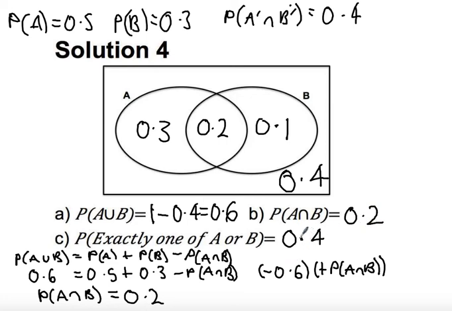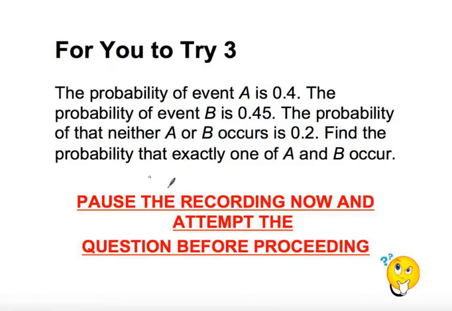Okay, I hope that all made sense, because it's now time for you to have a go on the last example of this week's video. So we've got the probability of event A is 0.4, the probability of event B is 0.45, the probability that neither A or B occurs is 0.2.